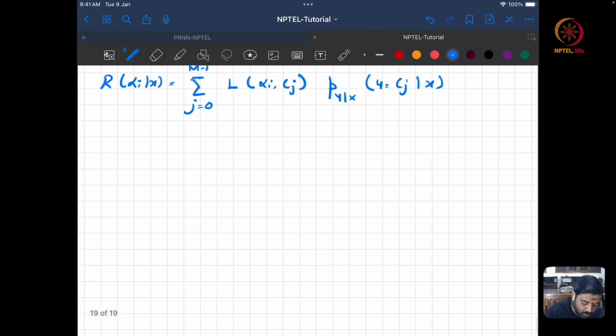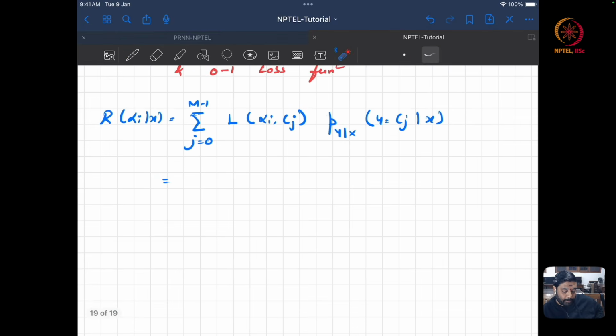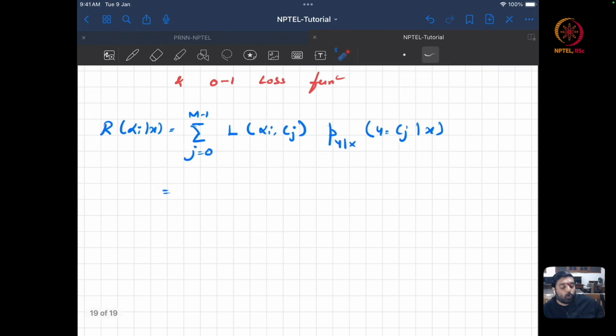Now this I can easily write as follows. Only when the outcomes are different, the loss is 1. When the outcomes are the same, the loss will be 0. That's how the 0-1 loss works, right? So only when i and j are different will there be a loss of 1, else it will be 0.